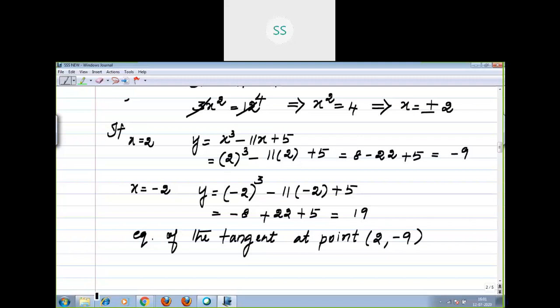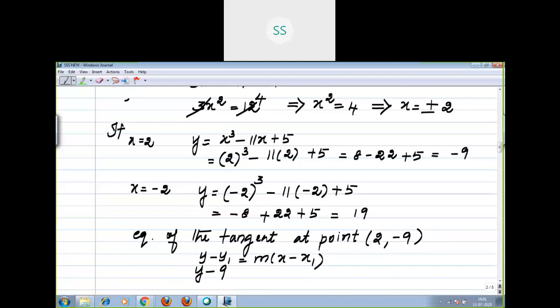First you are going to use that. You have to recall the one point slope form: y minus y1 equal to m into x minus x1.